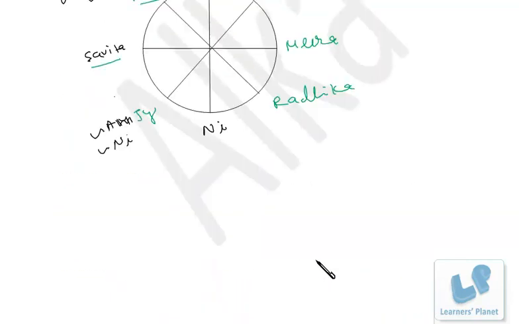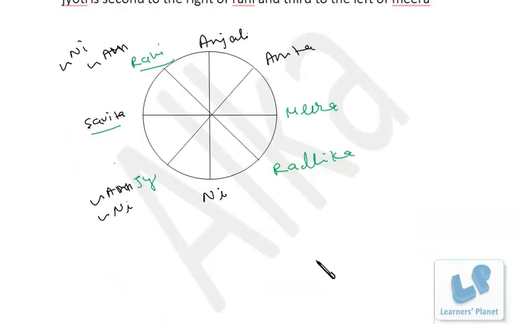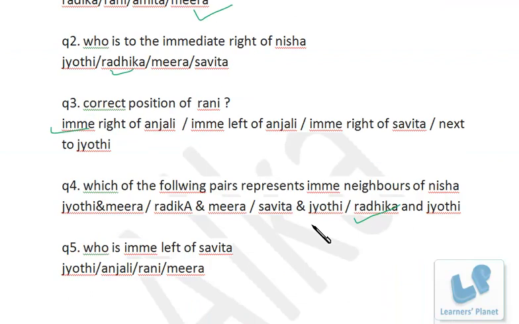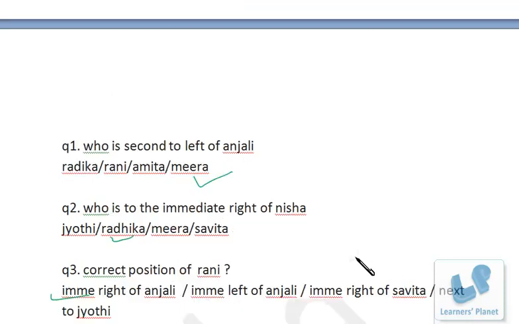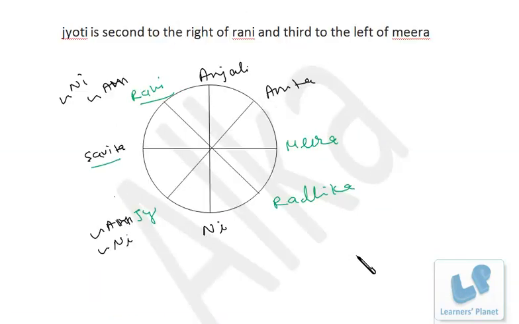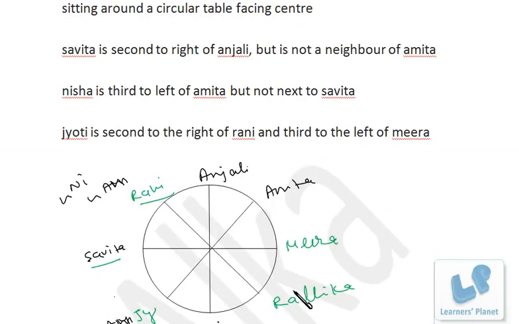Let's see. Immediate left of Savita is Rani. So that's Rani. I hope it's clear to you. Once you are able to make this arrangement, it hardly takes any time to solve all the questions.